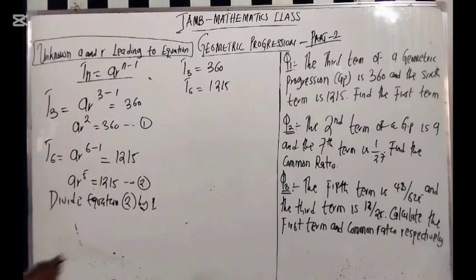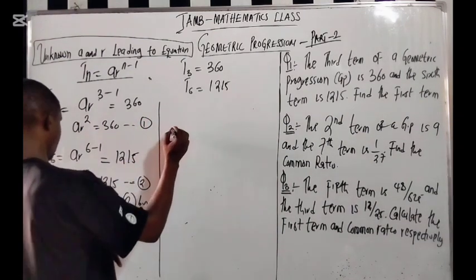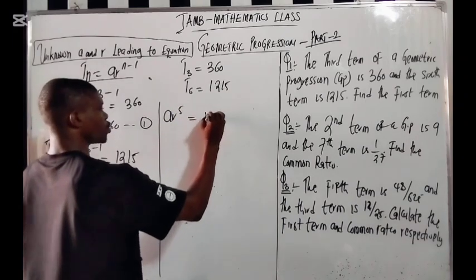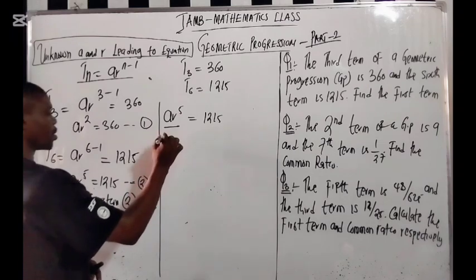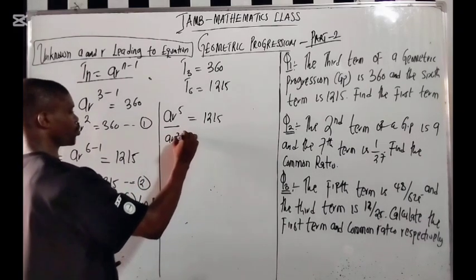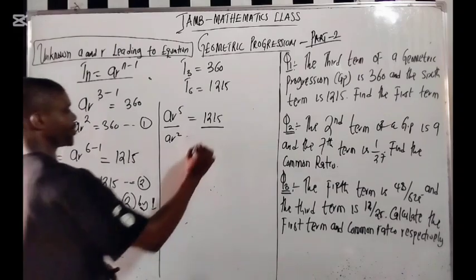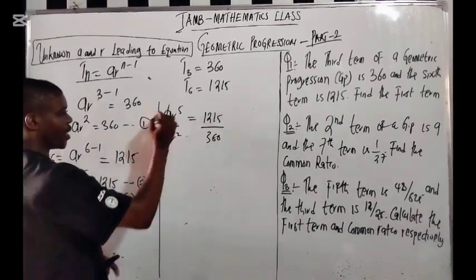If you do that, you have a r to the power 5 over a r squared equals 1215 over 360. What happened here? We cancel a.